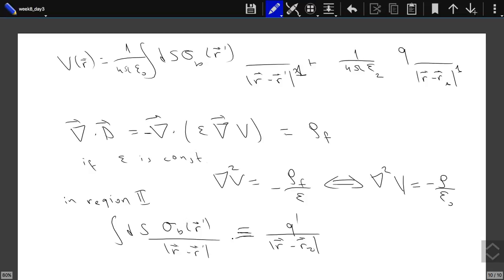So this surface charge density is such that the whole integral can be written in this form.